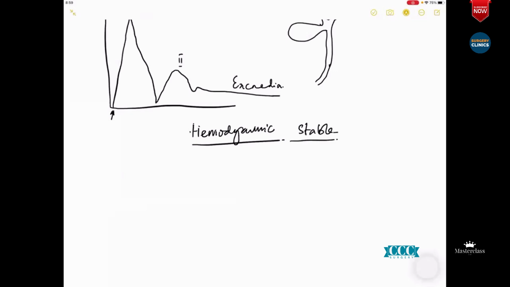Nowadays we measure two entities. One is technically called R15, and what is this R15 business? Now, after ICG is injected, remember that it will come in the blood, and it is distributed throughout the body by around 3 minutes, more or less.